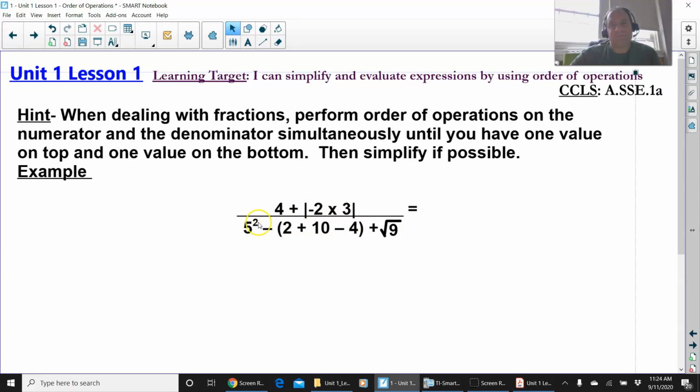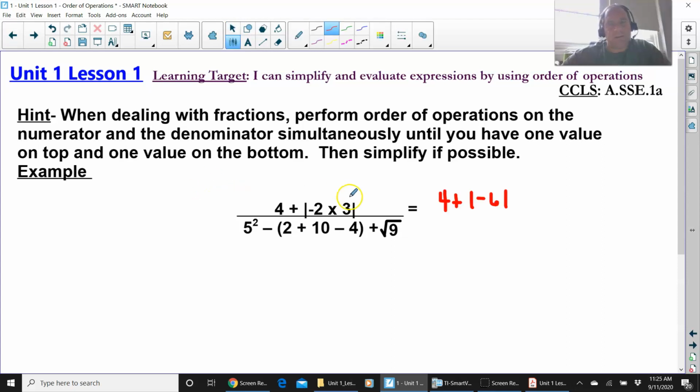So go ahead, see if you can do this. Treat that numerator as its own problem. Just finish that numerator and then go down to the denominator and finish that, get a number, and at the end you'll have a fraction. Maybe you could reduce it, simplify, and stuff like that. So go ahead, give it a try, press pause now.